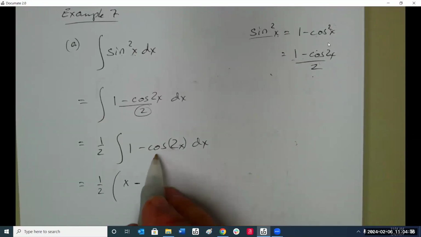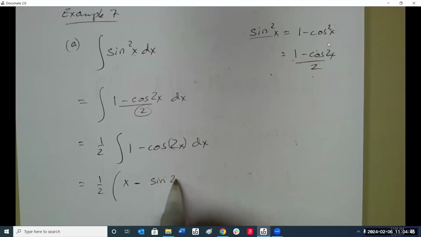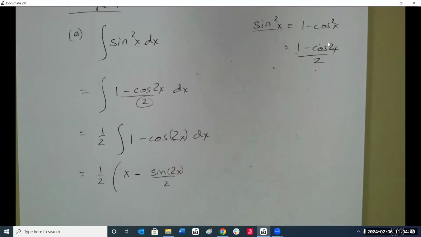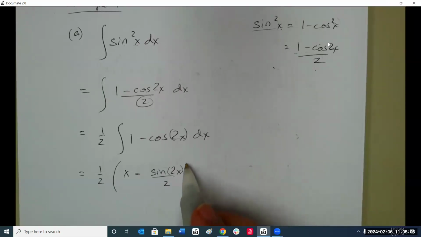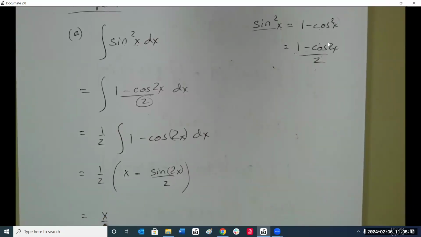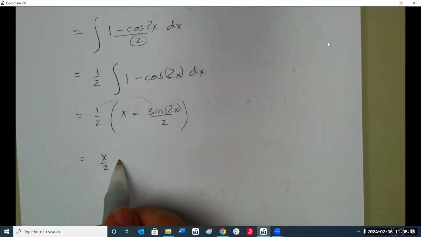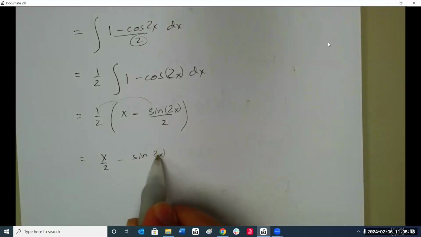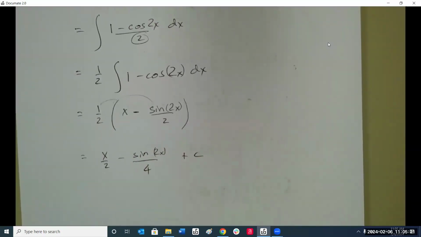And the integral of cosine 2x is sine 2x over 2, which becomes x over 2 minus sine 2x over 4 plus c.